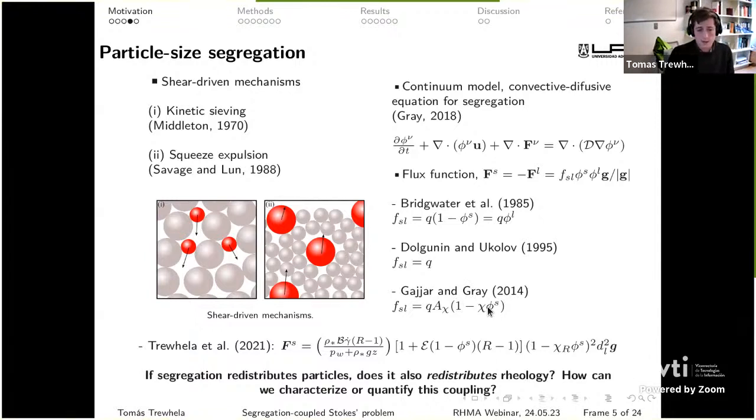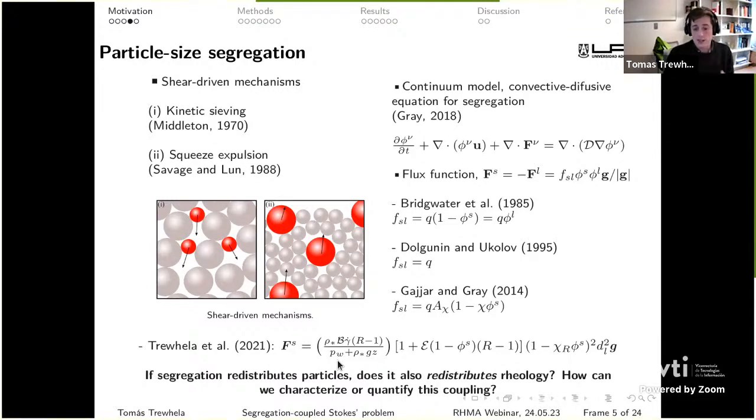And recently, with some colleagues, we elaborated, in my PhD thesis, a fully developed function for this segregation flux that now depends on physical parameters. In the previous expressions, it only depended on a single parameter, but that parameter did not have a physical parameterization. So now with this full function, we have such parameterization.